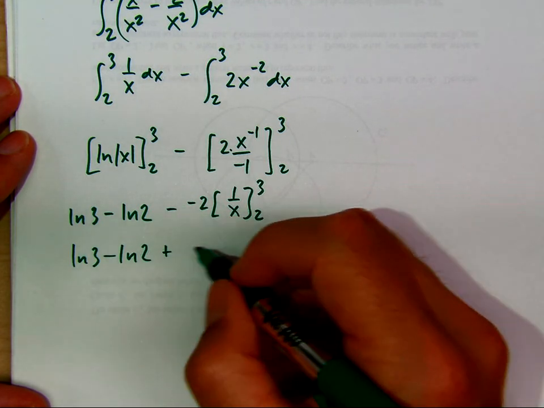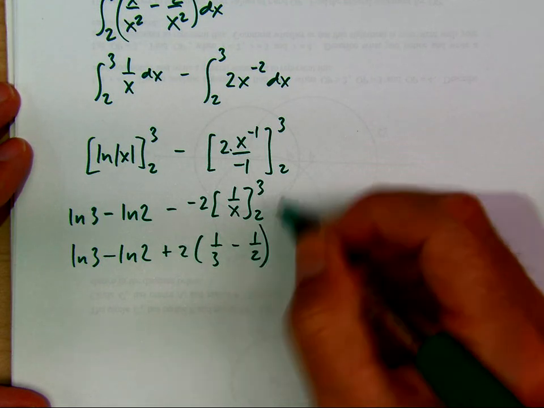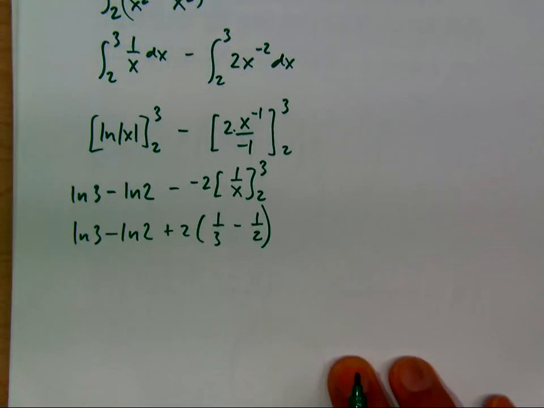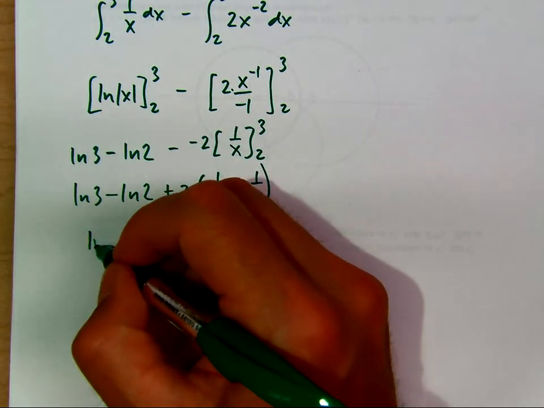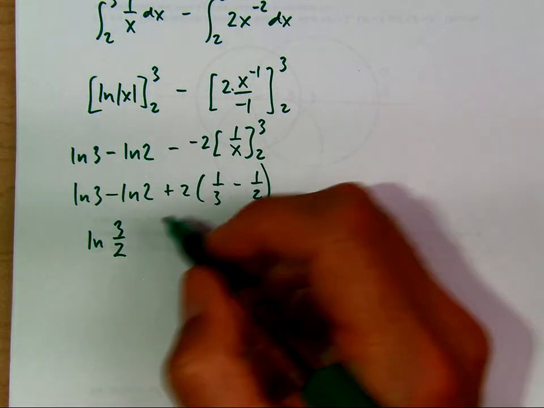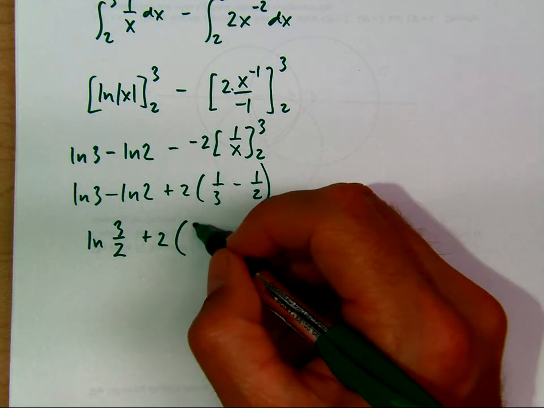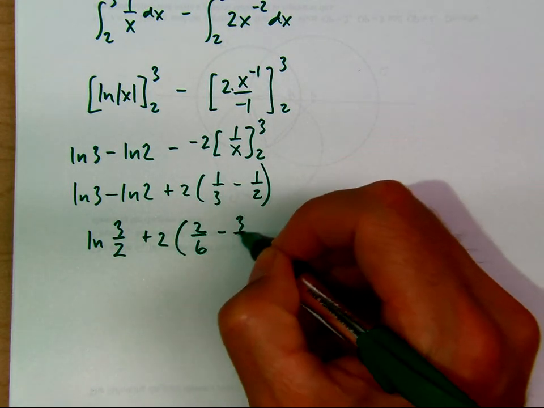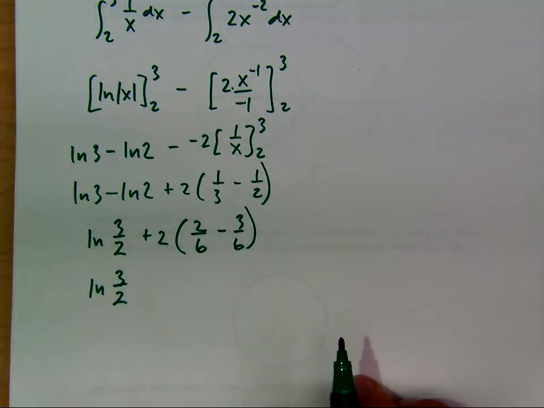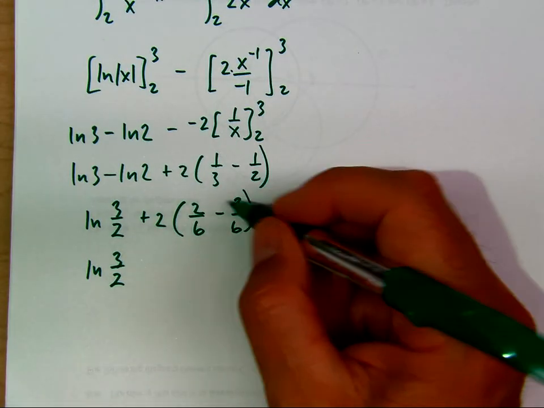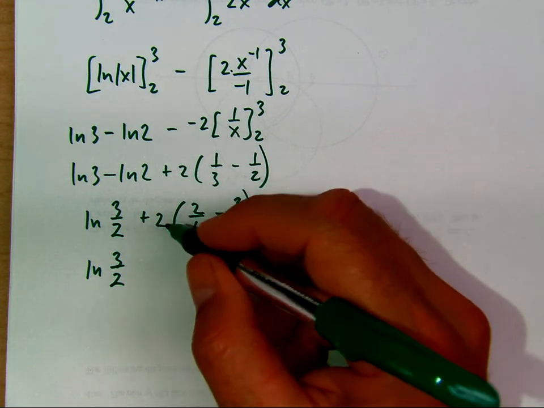Plus 2, 1/3 minus 1/2. That's 2 over 6 minus 3 over 6. So it'll be a negative 1/6 times 2, and that's negative 1/3.